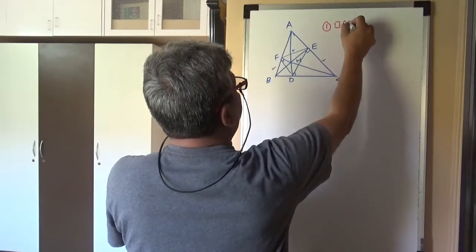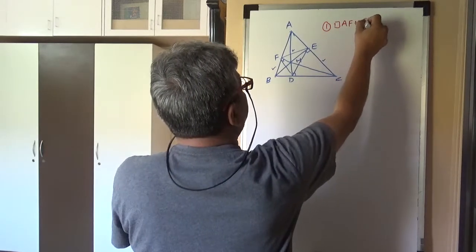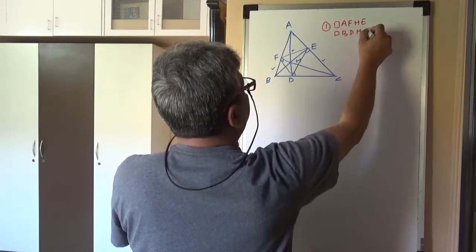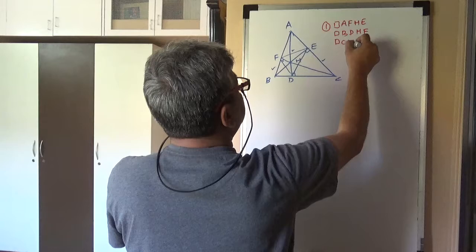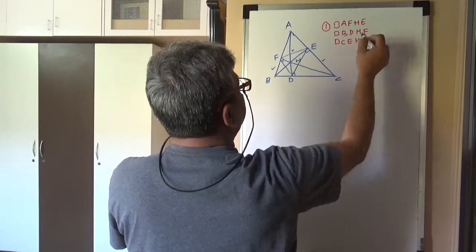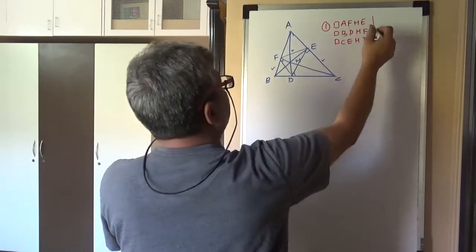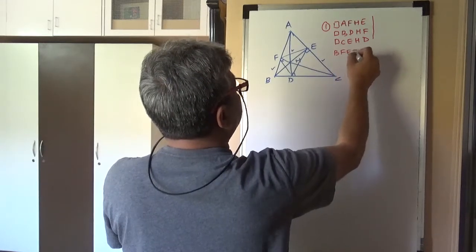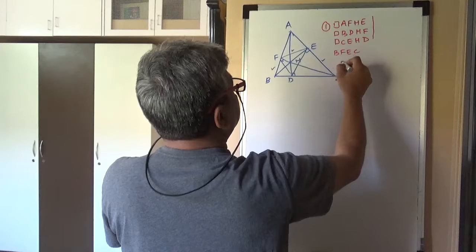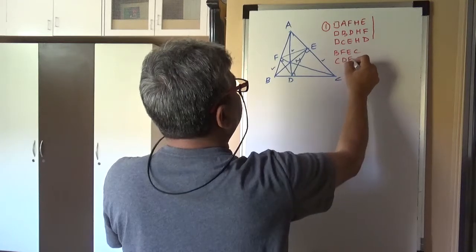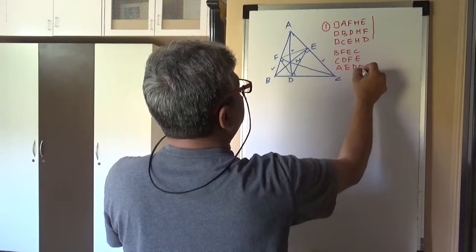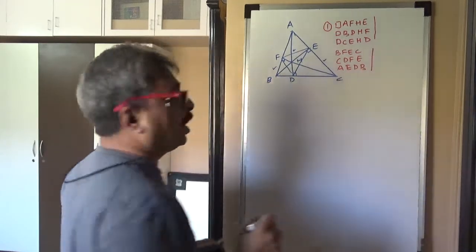Quadrilateral AFHE, quadrilateral BDHF, quadrilateral CEHD. These are 3 of one type, and BFEC, then CDFE and AEDB. These are the 3 of the other type.